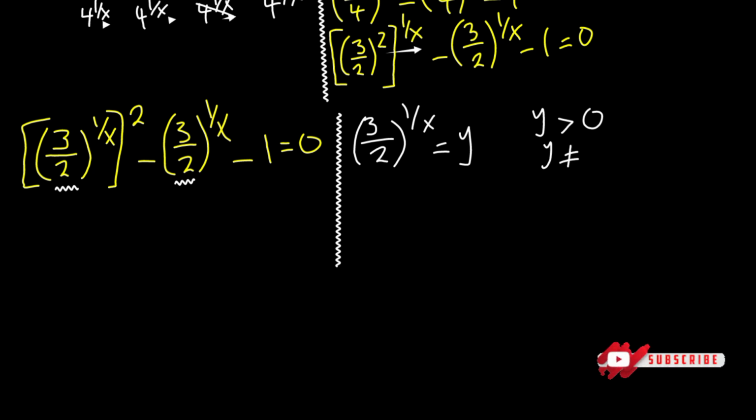Y must not equal 1, because if y equals 1, it's going to mean that we're going to have a 0 power. If we have a 0 power, it means x will be equal to 0, which will be invalid and not accepted. So we go further to rewrite this, and we have y squared minus y minus 1 equals 0.